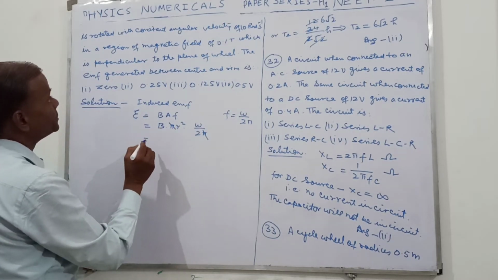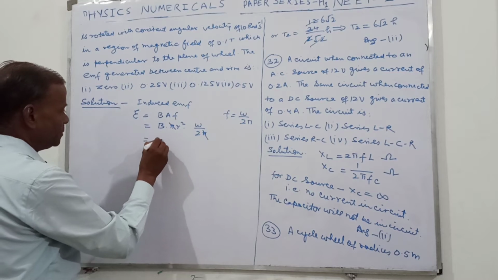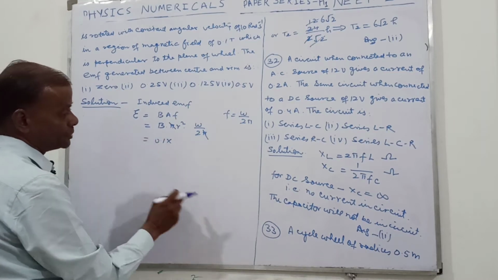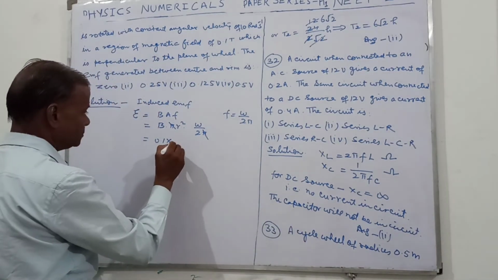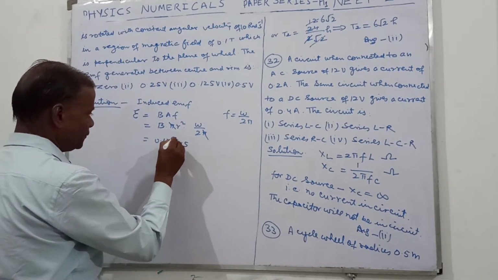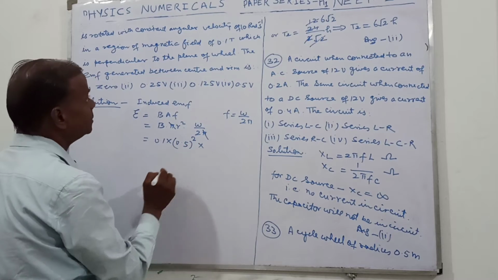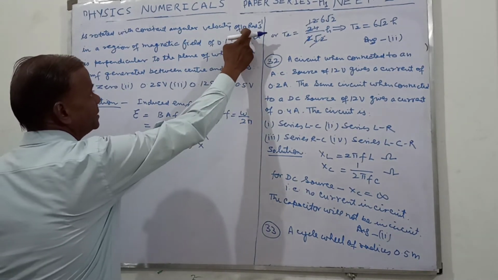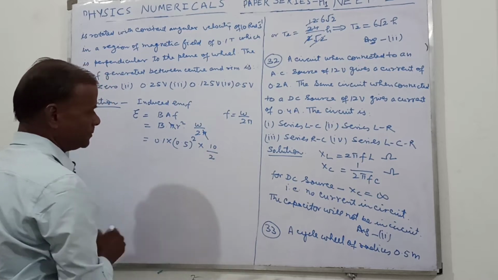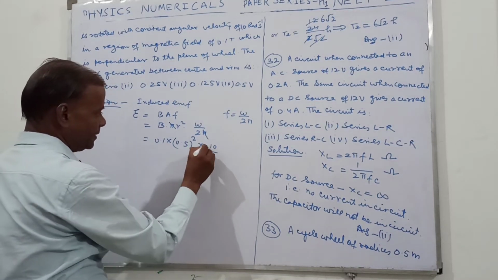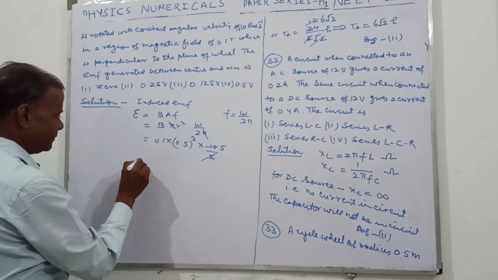So B is given to you 0.1, r is given to you 0.5 meter, this is now squared. Omega is given 10 radian per second, upon 2. So you divide this by this one, this is now 5.